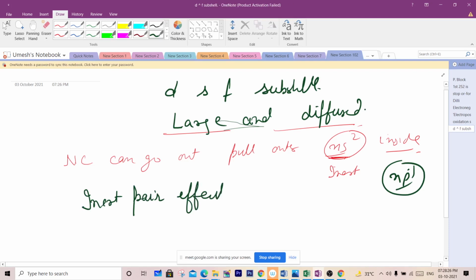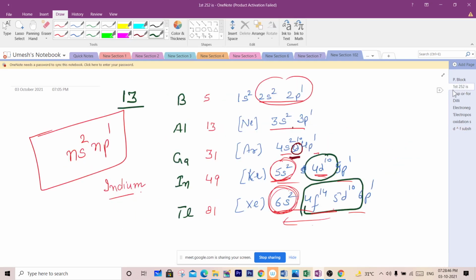What is the inert pair effect? These ns electrons do not take part in bonding because they are pulled inside. They are no more available for making any bond. See this electronic configuration, here we have d and f subshells.